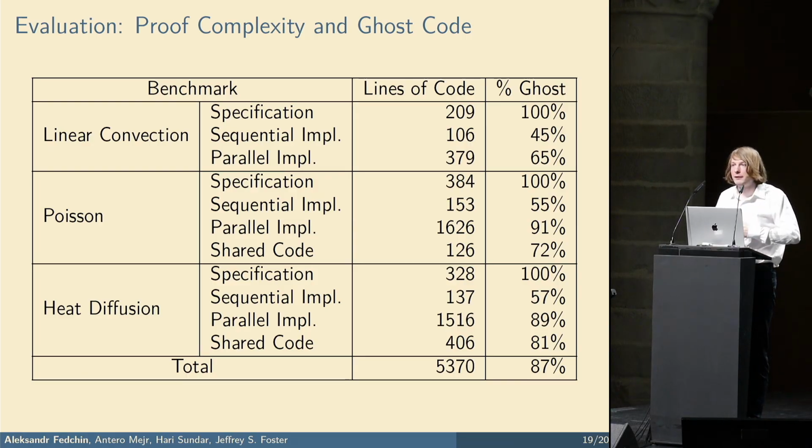Another thing that was particularly interesting to me is to measure the percentage of ghost code, right? Essentially a verification overhead or a proof complexity metric, if you will, for these programs. Here you can see for every benchmark and every part of the benchmark, so specification, the sequential part, the parallel part, and maybe some shared code that's used by both implementations, the number of lines of code and also the percentage of ghost code.